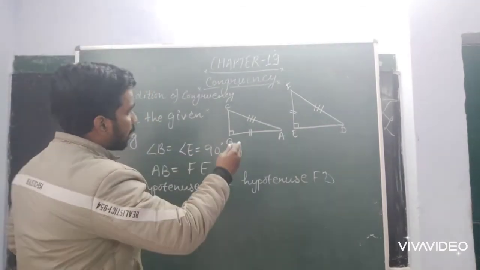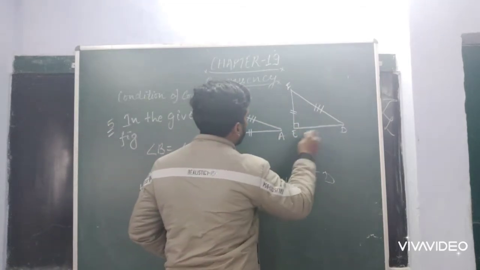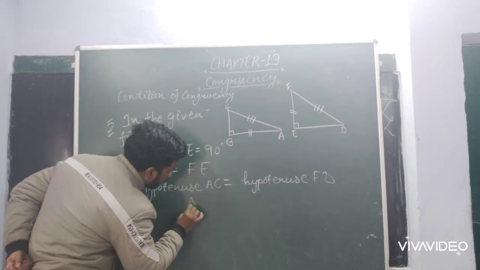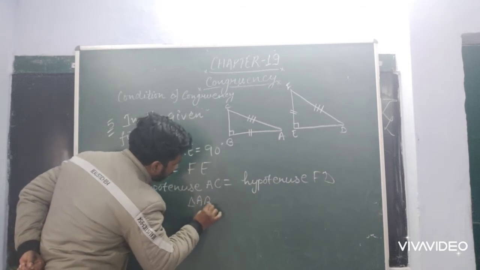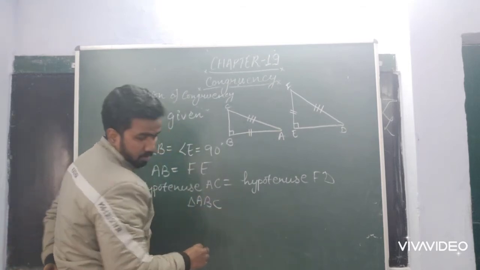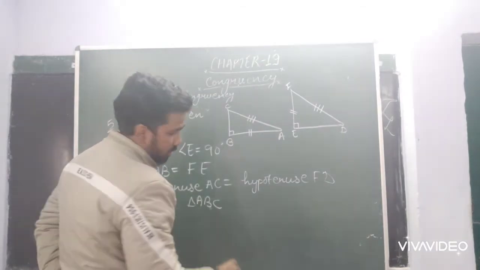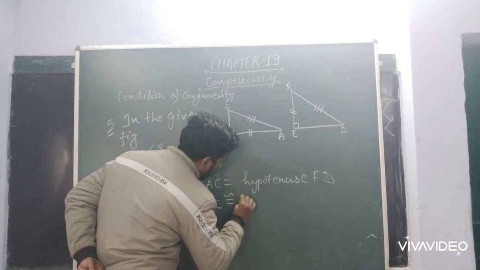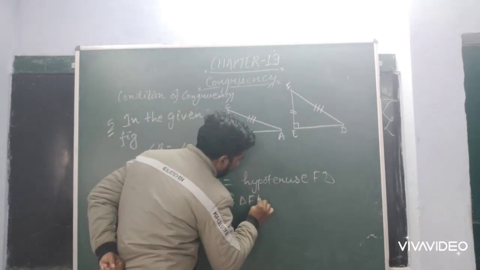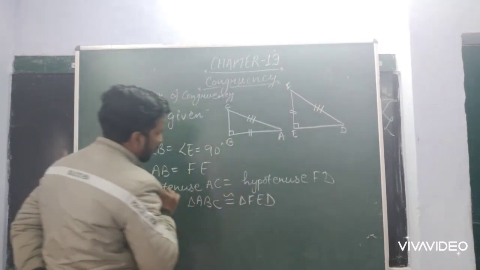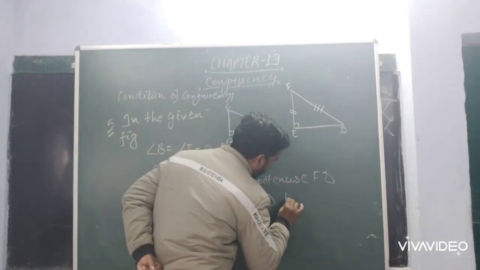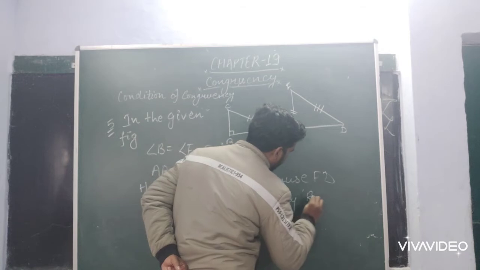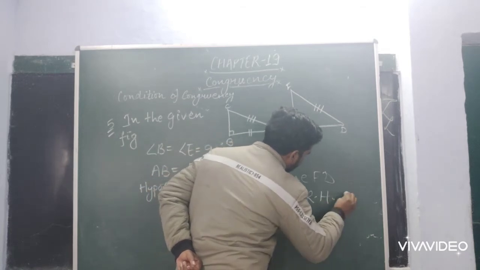Or you can start from here and name it FED. So triangle ABC is congruent to triangle FED, and it is by RHS.